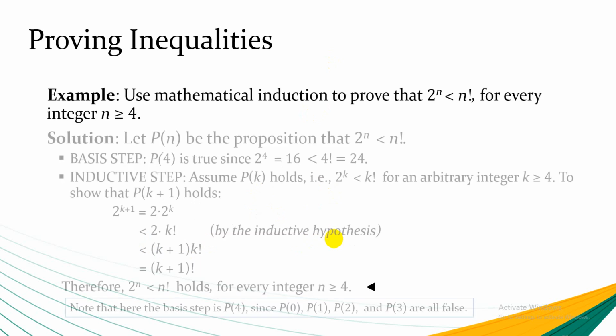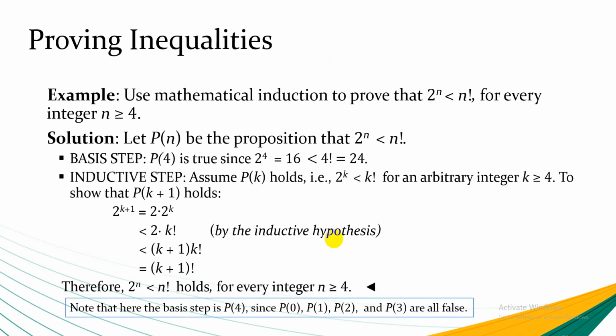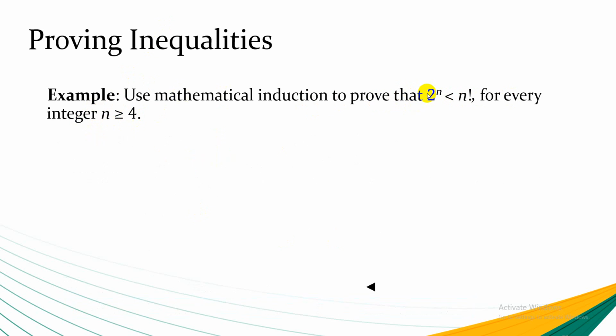Okay, let's take now this. We still have 2 examples, and we are done. Using mathematical induction, prove that 2 to the power n is less than n factorial for every integer n greater than or equal to 4. So the base case here will be for n equal to 4. Now we can say 2 to the power 4 is less than 4 factorial.